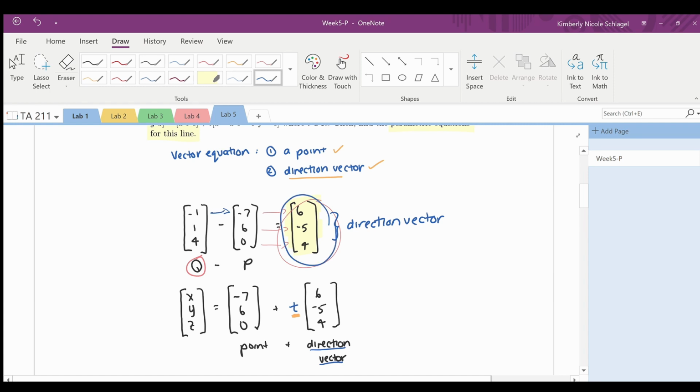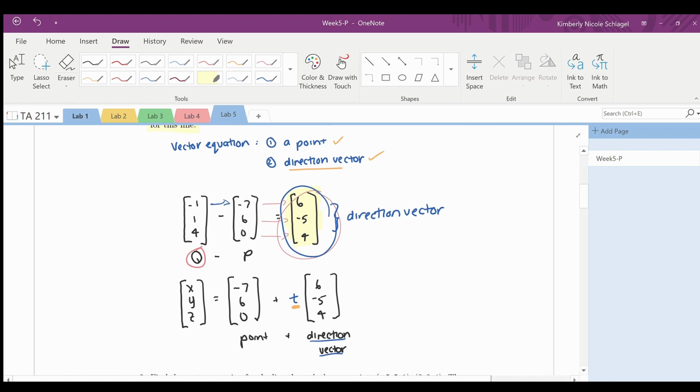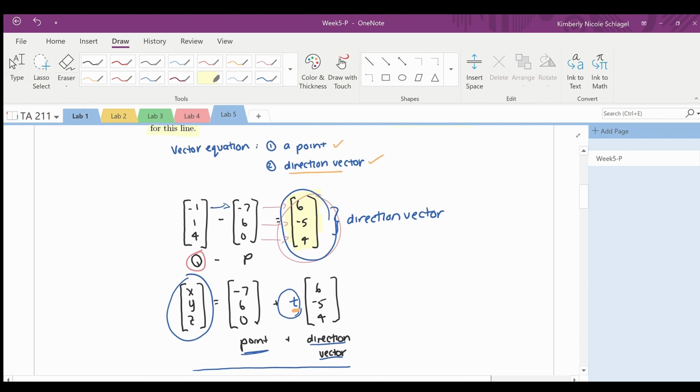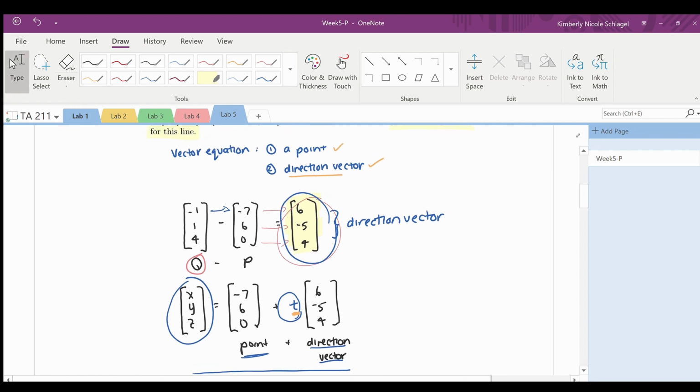Okay, so that will give us our direction vector, and then to write the actual equation of the line, in this case, we would write our xyz is equal to our point plus t times our direction vector. Okay, so that is how you write the vector equation of a line.